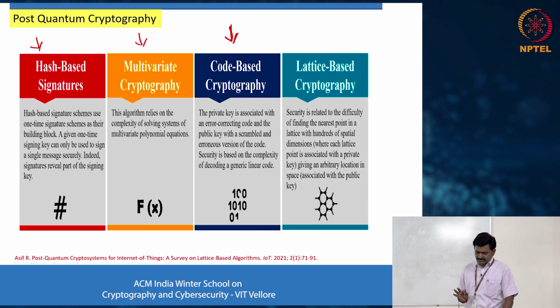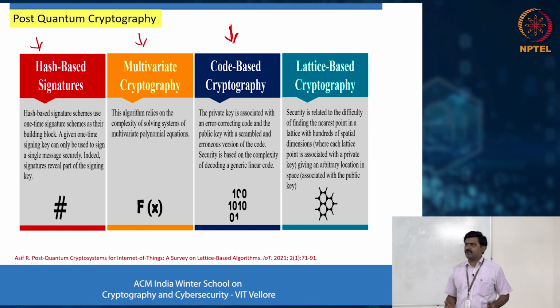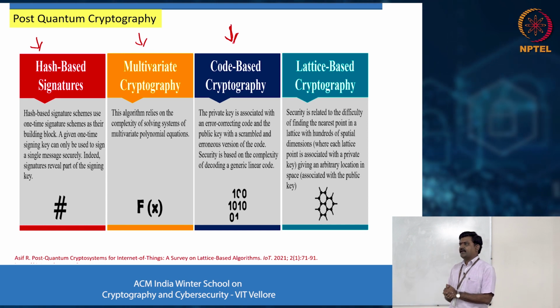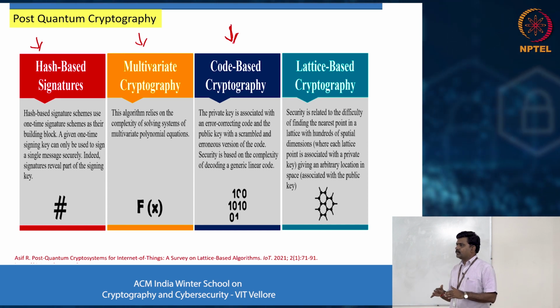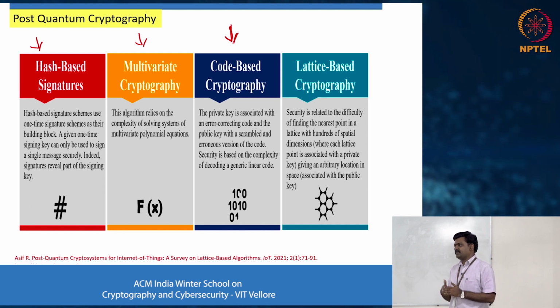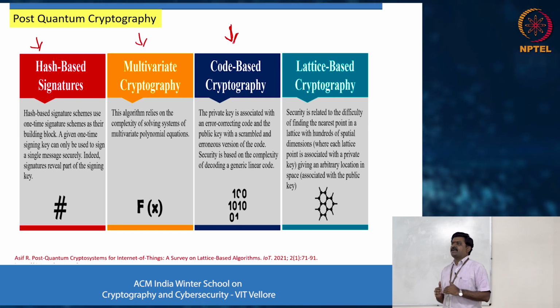So these are the 4 forms of post-quantum cryptography that we have. Under each branch, various algorithms are there, and these algorithms are now under verification by NIST. NIST is verifying various algorithms under each branch, and they are trying to standardize them.